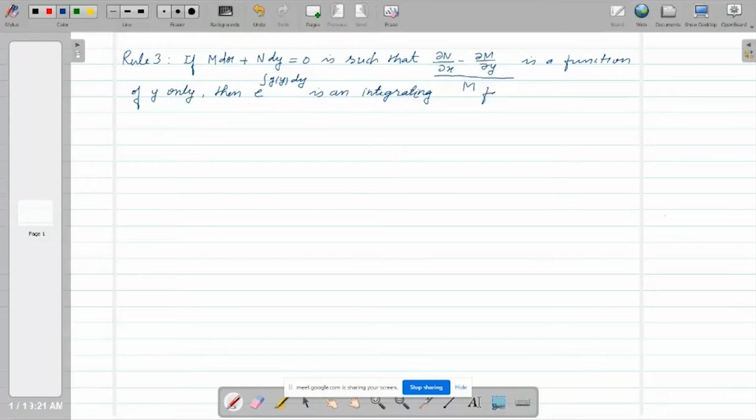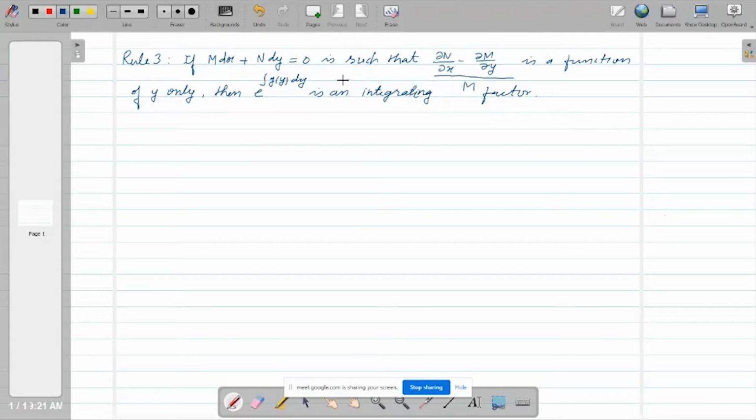Integrating factor. Okay, this is simply rule number 3. So what I have to do in this case, if you have been given this type of differential equation, that is M dx plus N dy equal to 0, then before that we first check whether the given differential equation is exact or not.